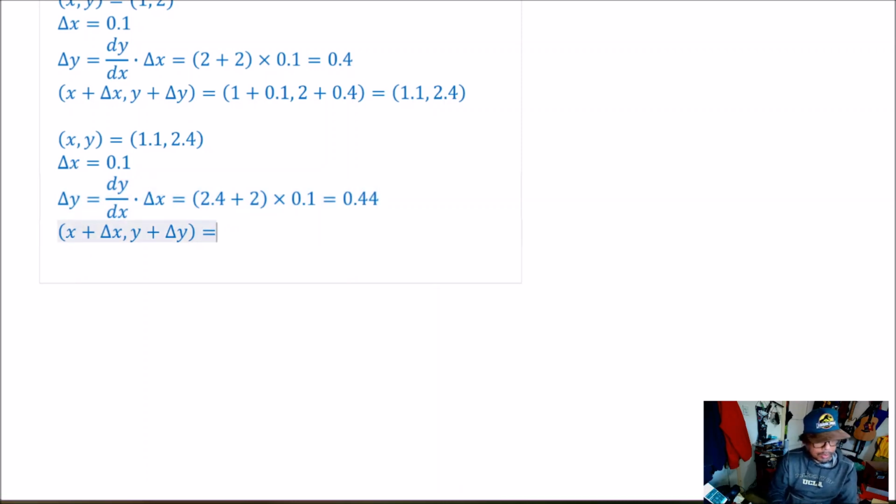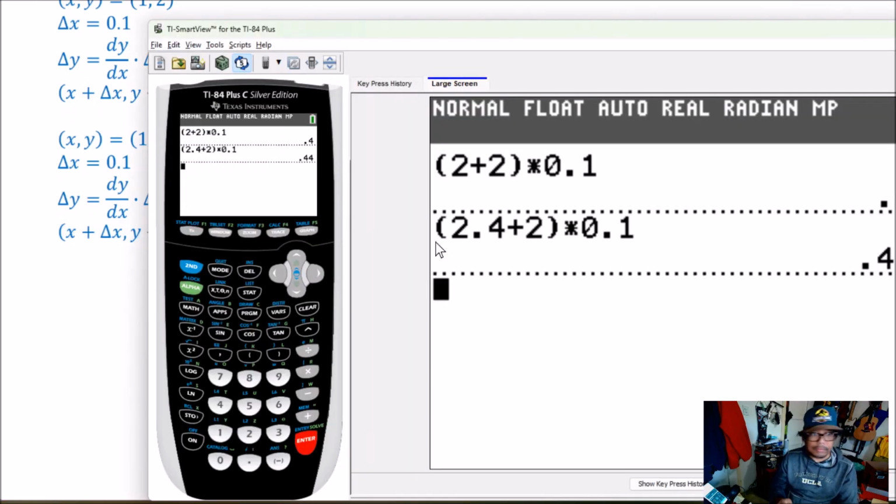And then we'll compute the next coordinate. x plus delta x is 1.1 plus 0.1. The y coordinate was 2.4 plus a delta y, which is 0.44. Now, I can fool my calculator into giving me something that kind of looks like a coordinate by using the braces.